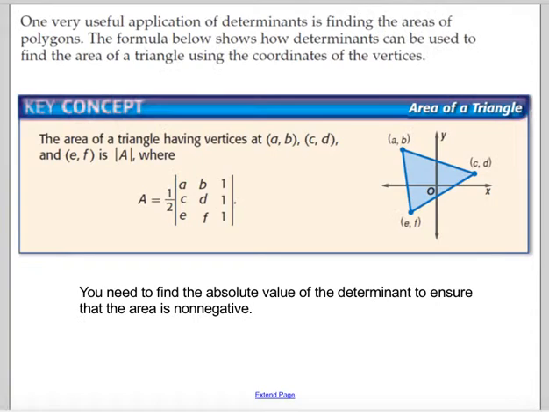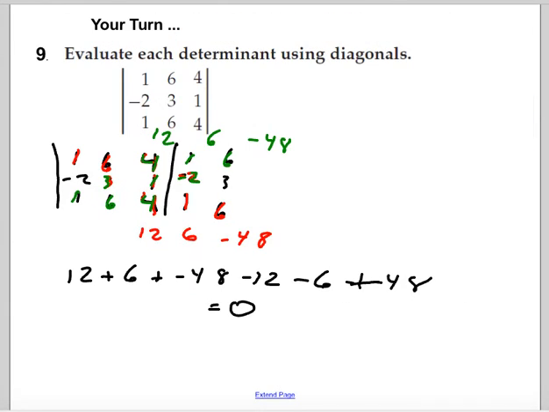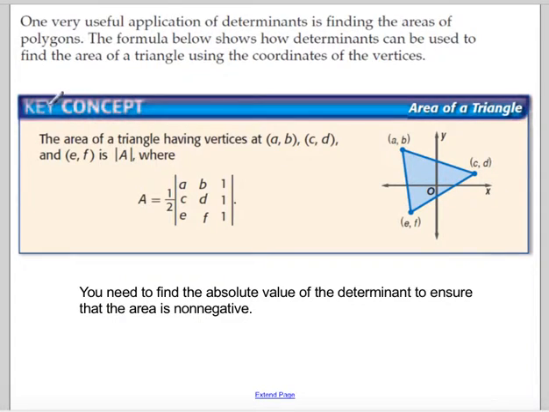So hopefully you got that. So, like I said from the very beginning when we were talking about the Bermuda triangles, a useful application of determinants is finding the area of polygons. So we can find the area of a triangle using the coordinates of the vertices. If they give you A, B, C, D, and E, F, you can put them in any order you want, but then over in this extra column, because we need a 3 by 3, you just put in ones over there.